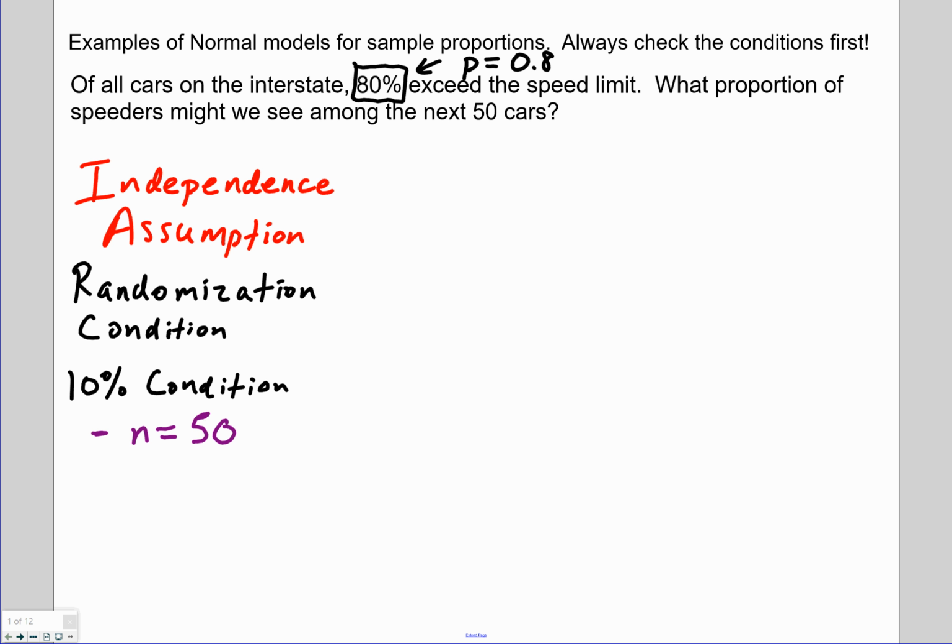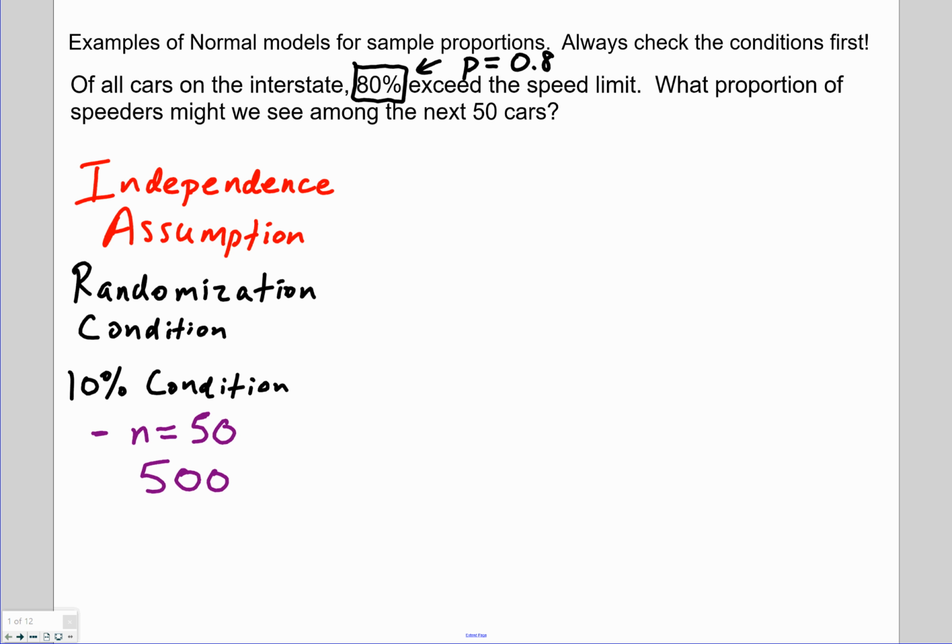Sorry. So our sample size is 50 cars. Take that number and multiply it by 10. What do you get? 500. So ask yourself this question: do you think there are more than 500 cars on the freeways of Houston? Yes. So our sample size is not too large.